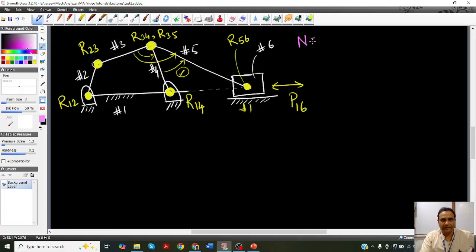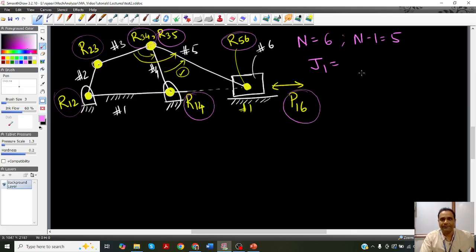Okay, I think we'll follow the same drill. So n is equal to, in this case, 1 2 3 4 5 6. N minus 1 is 5. J1, number of lower pairs or joints with one relative degree of freedom. So please count 1 2 3 4 5 6 7.